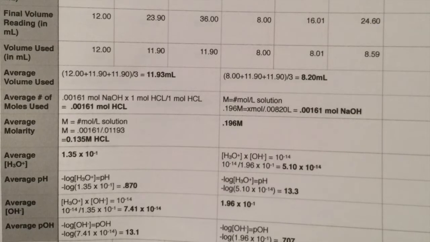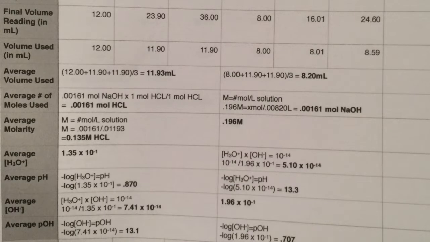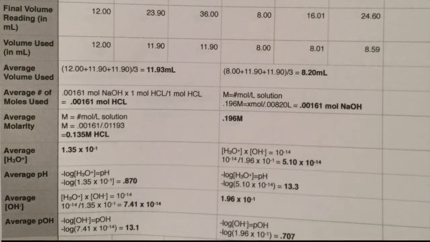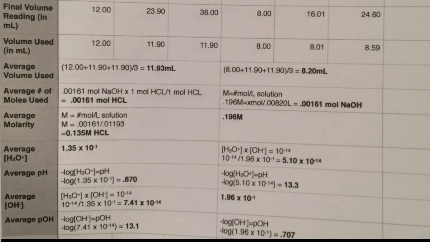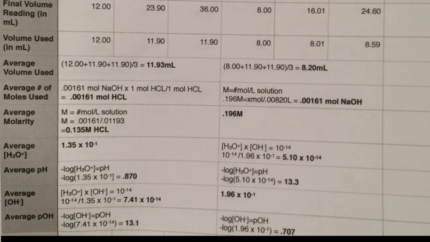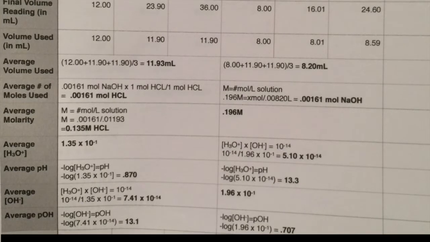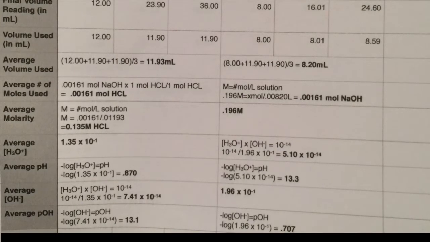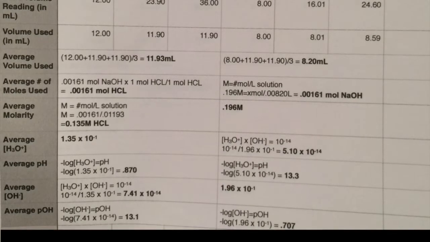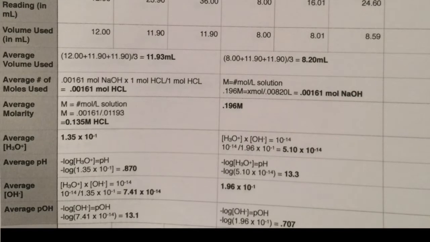Using that number, the average pOH was calculated by doing the equation negative log of the OH- concentration equals pOH, or negative log of 7.41 times 10 to the negative 14th, which gave a pOH of 13.1.